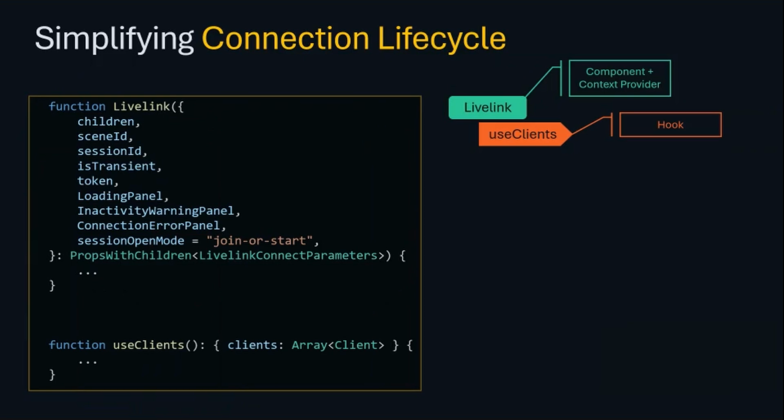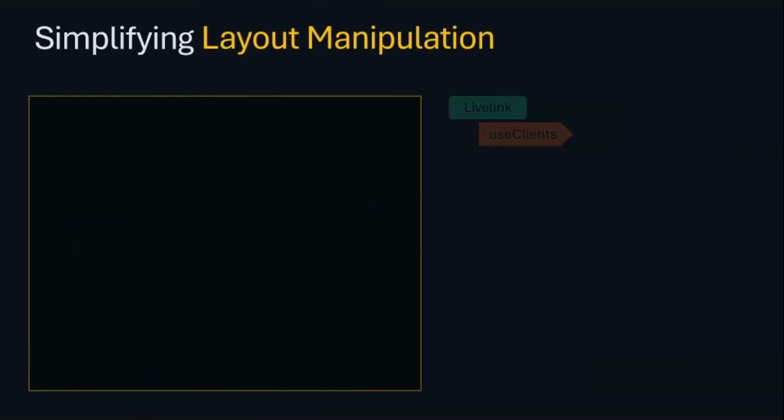Clients are basically just people that are in the same session, because it's collaborative, multi-user, etc. So when Alex joined me, we were 2 clients, and this useClients hook, I don't know what the proper React terms are, triggers whenever a new client comes in, so you can update your UI with it. So that's about the connection lifecycle simplification.